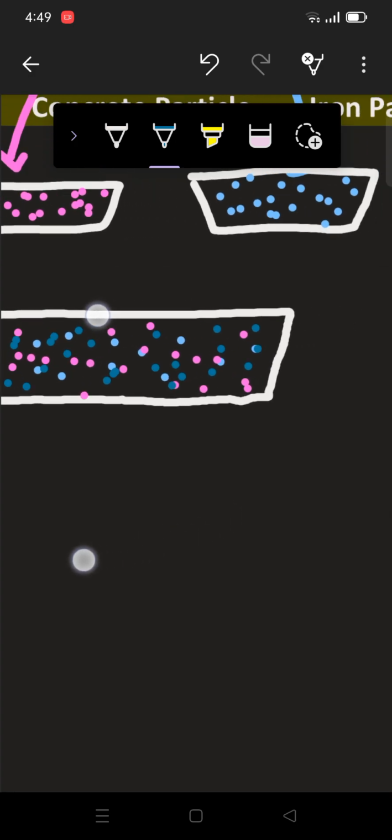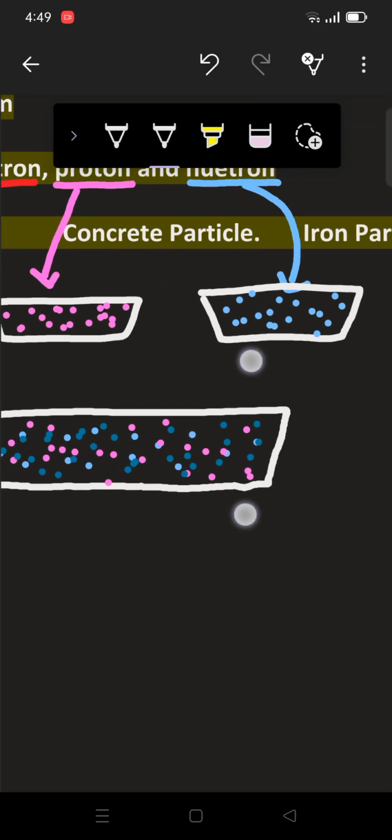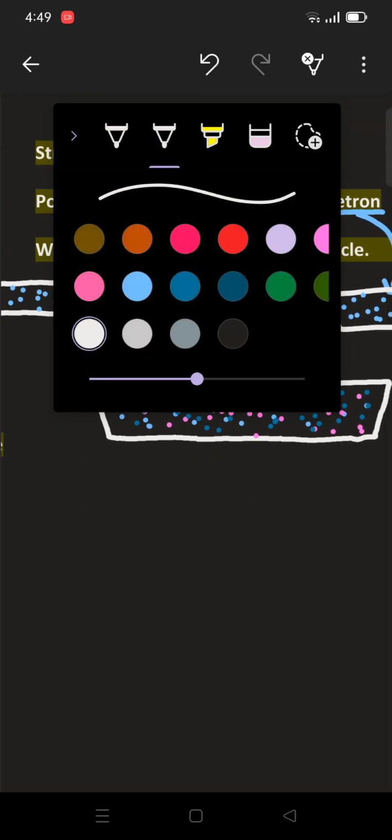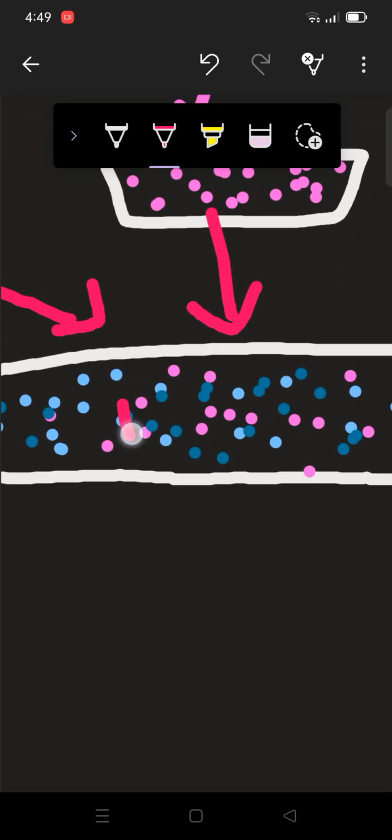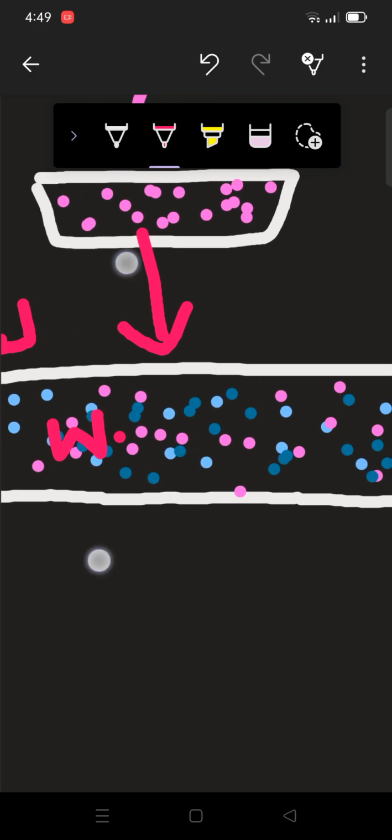So now we have mixed all these. Here we have wood particle, concrete particle and iron particle as well.